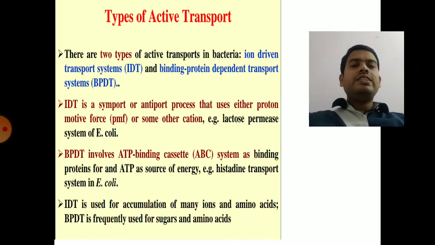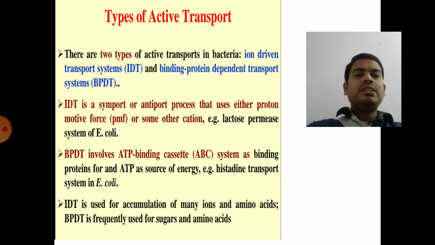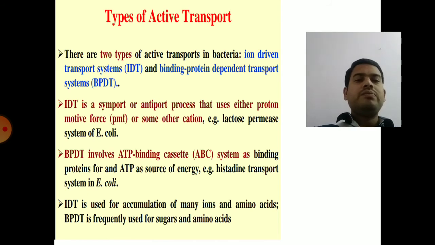So next one is active transport. As I mentioned, active transport is a process where either an ion gradient is used for the transport of solute molecules, or ATP along with proteins is involved in the transport of solute molecules. Active transport is of two types: ion driven transport system, IDT, and binding protein dependent transport system, BPDT.